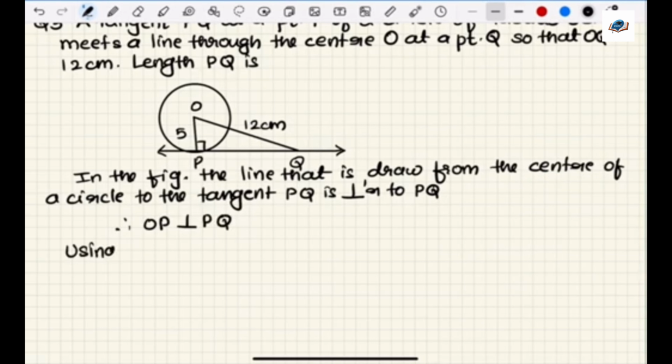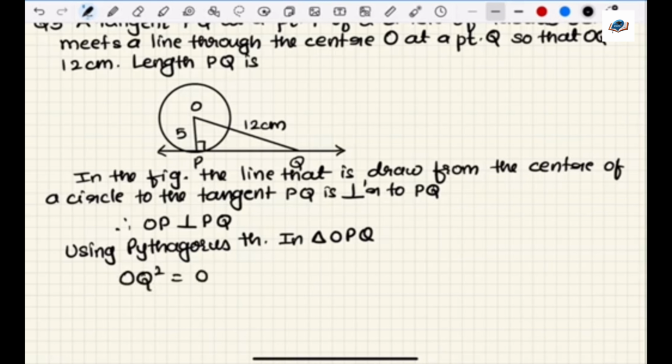Now, using Pythagoras theorem, in triangle OPQ, I can say OQ square equal to OP square plus PQ square.